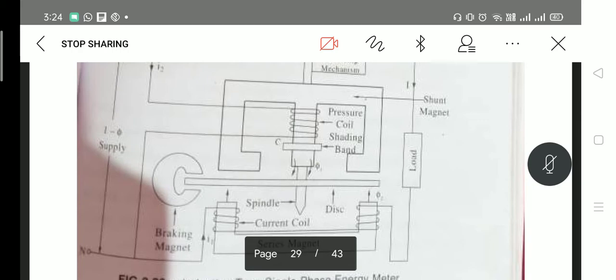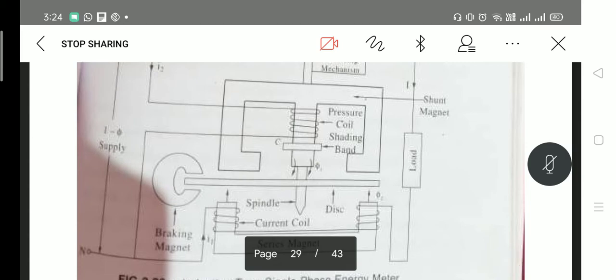The laminations are made of silicon steel material. The series magnet has the current coil at both ends, and the shunt magnet has the pressure coil in the middle.